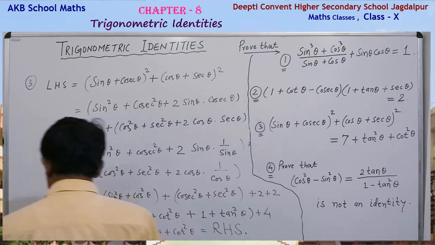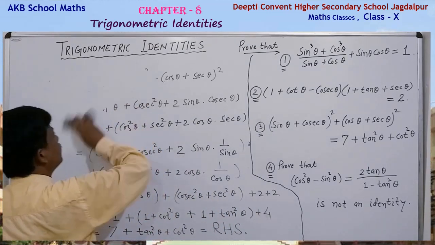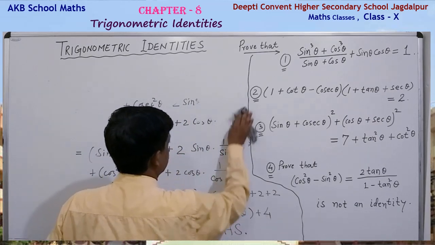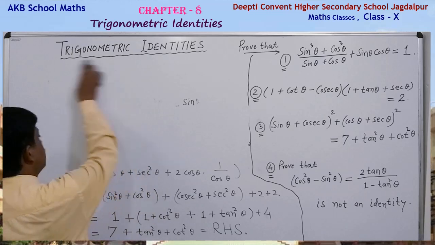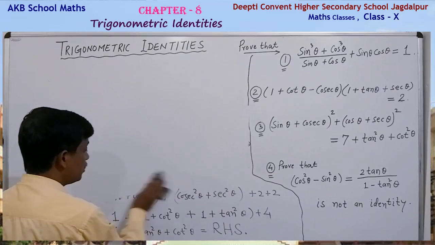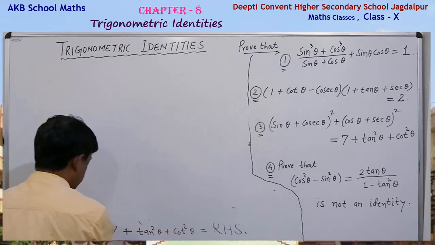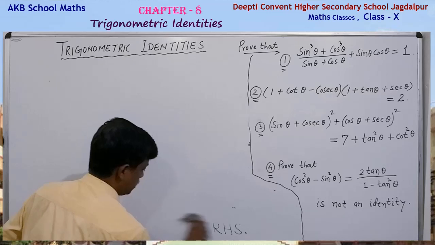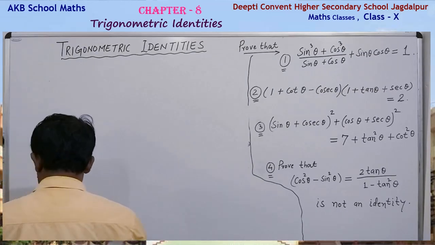That's why, suppose for proving it, we are taking theta equals 30 degree. For any type of angle, you try to find that angle for which the relation is not true, for proving not an identity. So let us check for angle 30 degree.